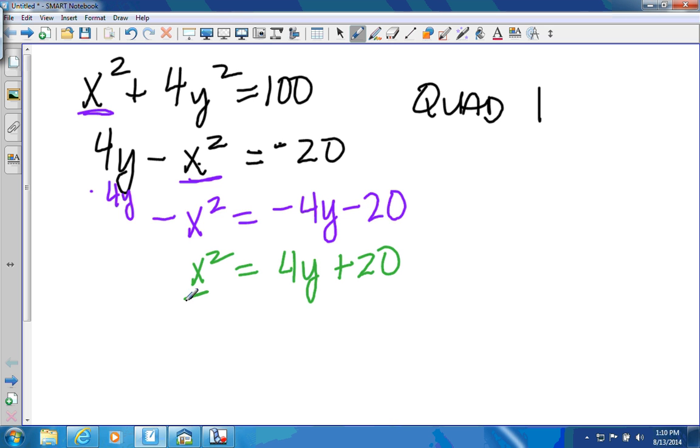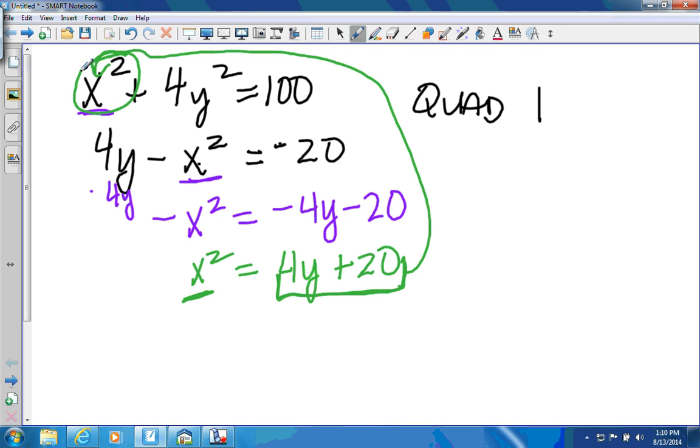Since x squared equals this, it can be substituted into the other equation. So x squared, taking this part out, we substitute in 4y plus 20, plus 4y squared is 100.